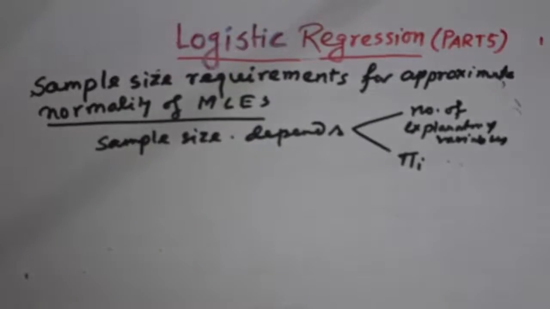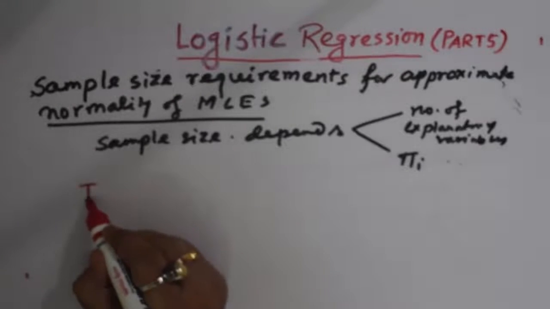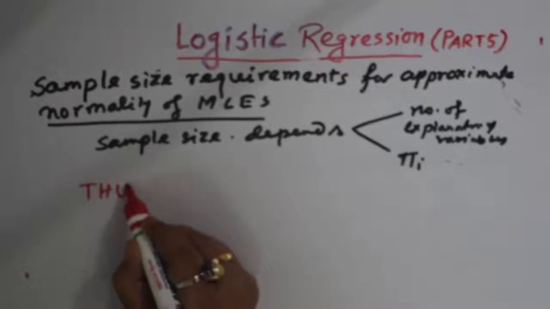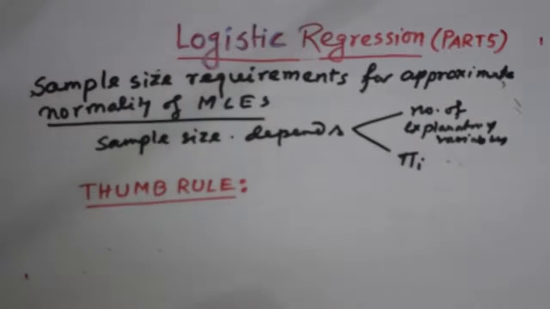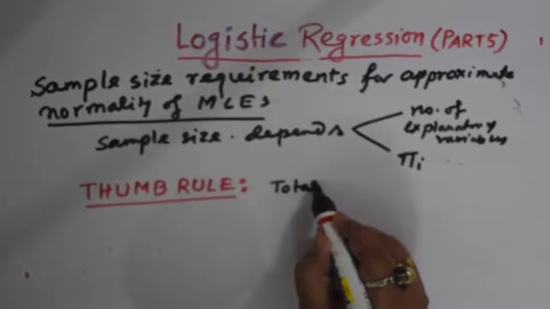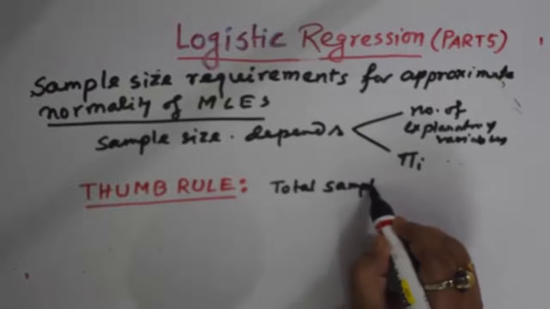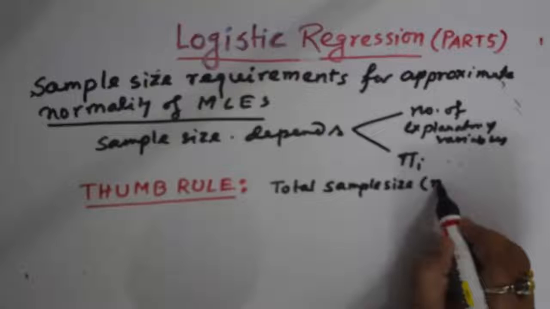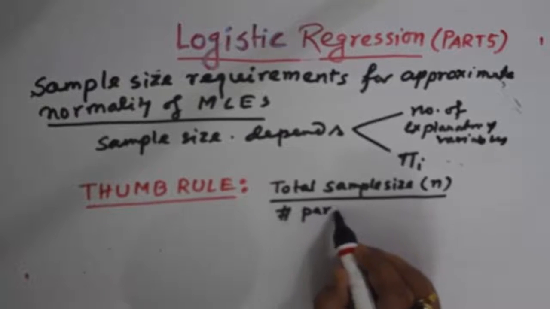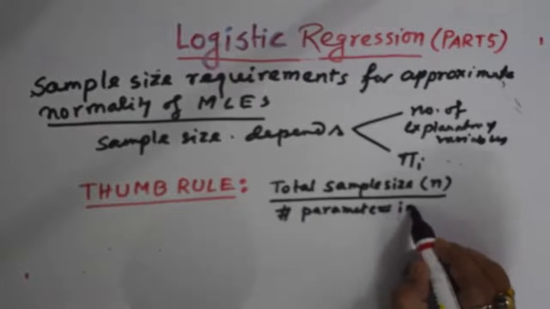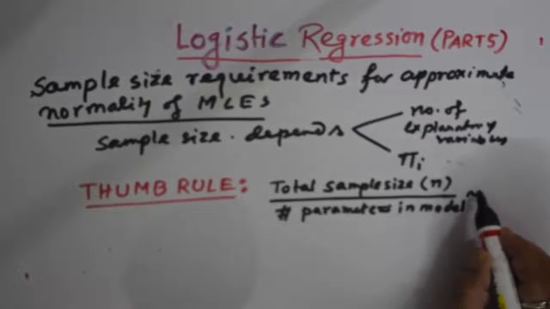Thumb rule: for the parameters of a given model to be approximately normal, we would like the total sample size n divided by the number of parameters in the model to be approximately 15.